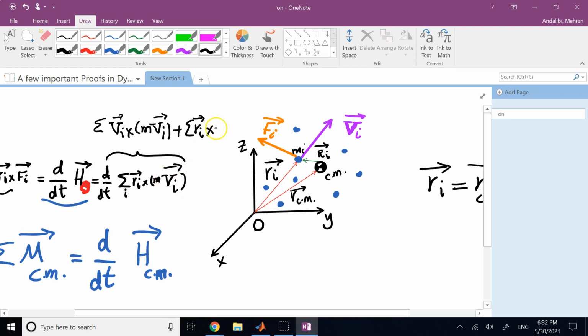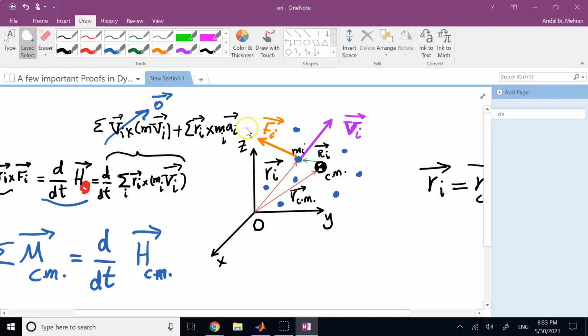If m is constant, it is going to be mi ai, where a is the acceleration. And as you know, this term here, V cross m V, is 0 because the two vectors are parallel. So this term is 0. We know that, right?